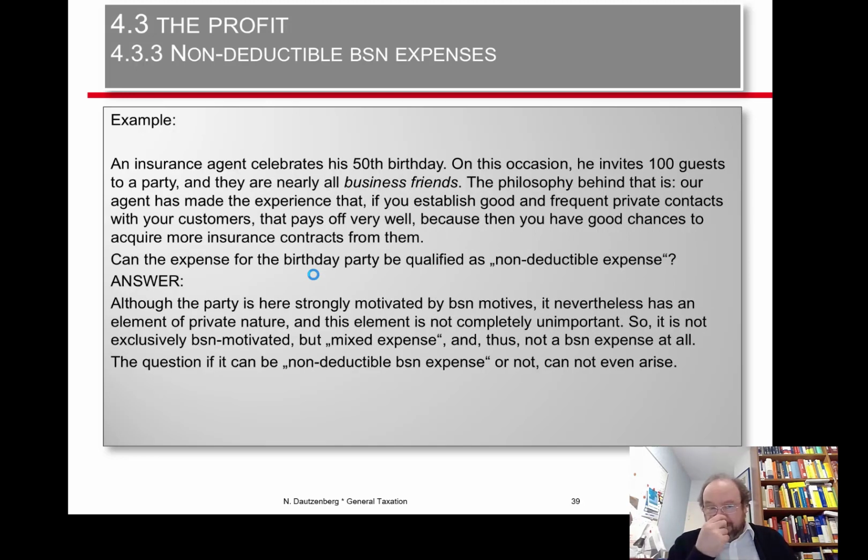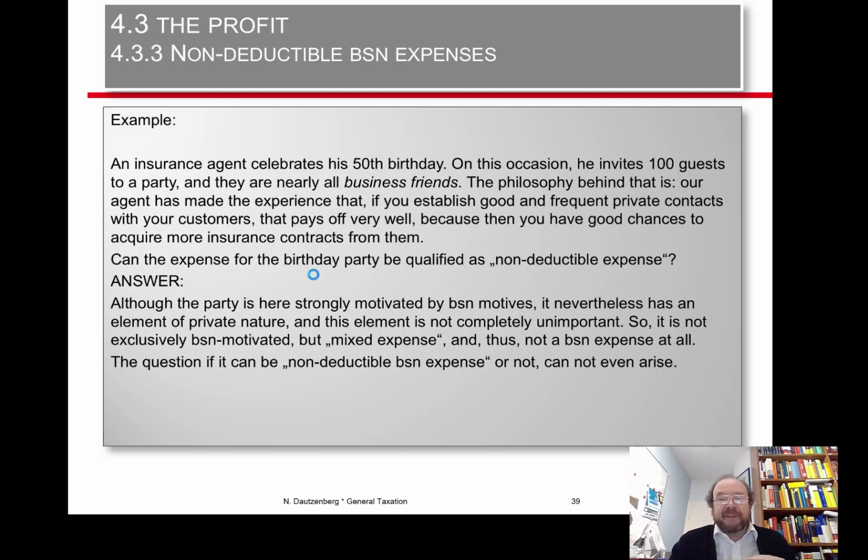So the first example to illustrate that, imagine an insurance agent turns 50, throws a big party, invites some 100 or 200 guests, and as it is customary with insurance agents, they use all private occasions to do business.